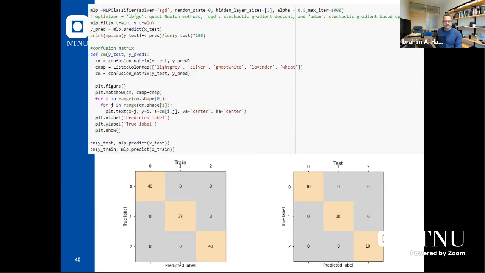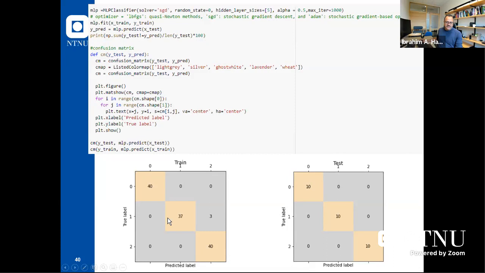You can get the confusion matrix. I'm calculating the confusion matrix for y_test and y_predict, and I'm plotting it. So I got it for the training and for testing. For the training, if you can see here, for class 0, for example, I have 40, and those 40 are classified as class 0.